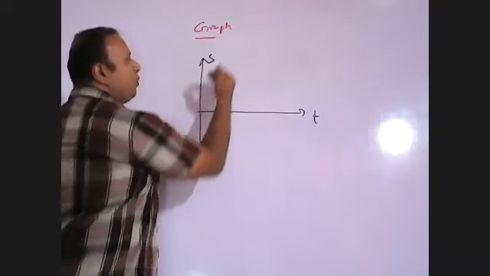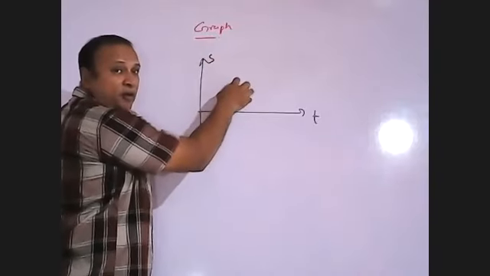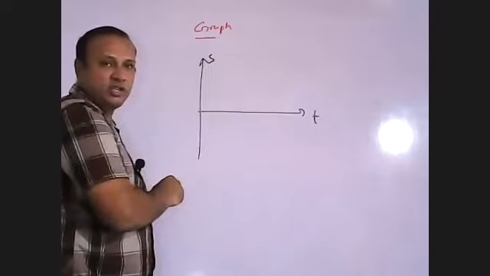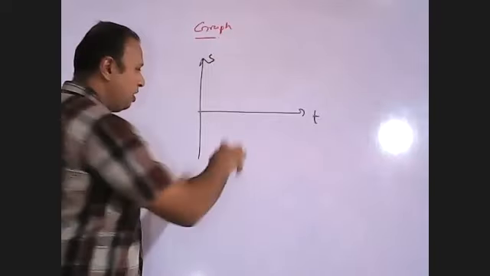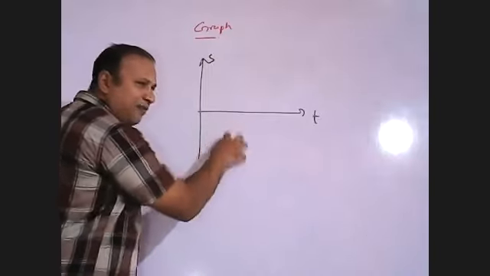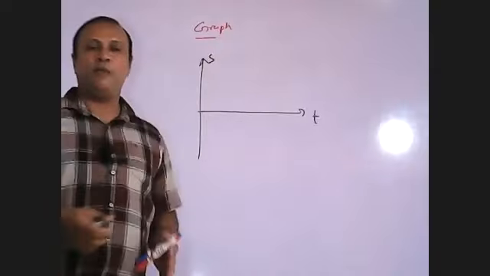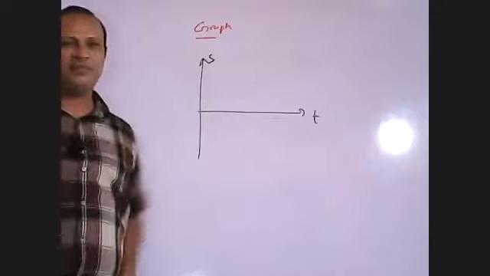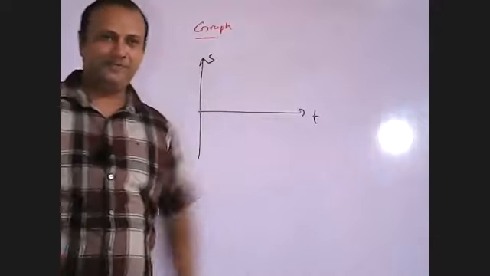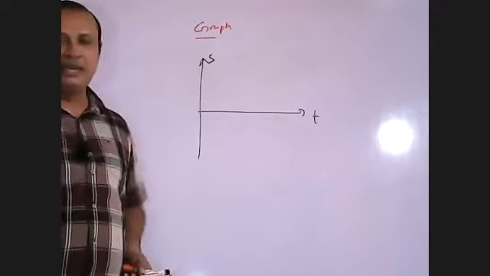If y is positive, we can draw the graph on this location. If y is negative, we can draw the graph on this location. Therefore, there are only two options. It is very easy.